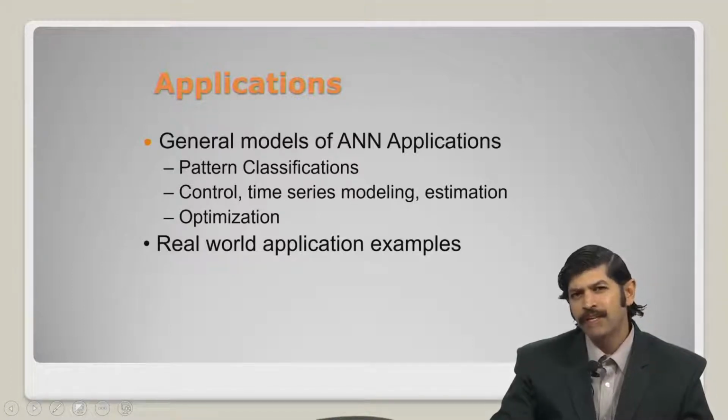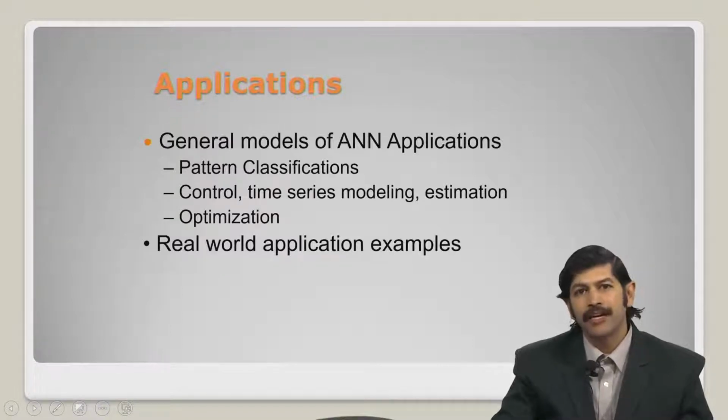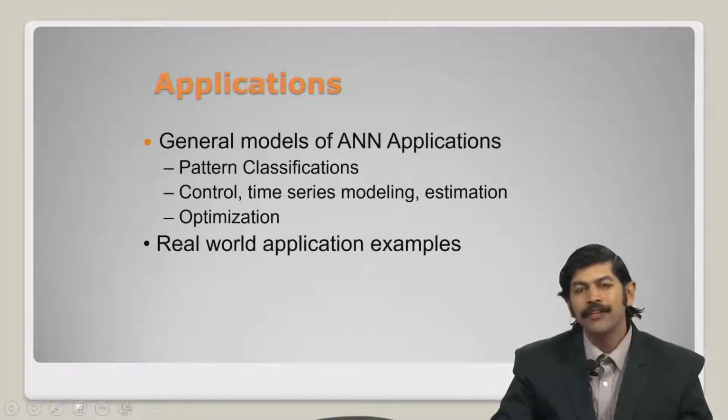But these are the three different types or classes of applications: the pattern classification part of it, then the control, time series modeling and the estimation part of it, and also the optimization part of it.